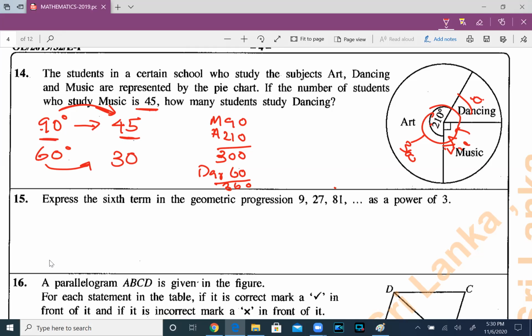So the number of students who study dancing is 30. There are several ways to find this, two or three other methods, but this method is very easy if you know it is something like a ratio. That is why I used that method.